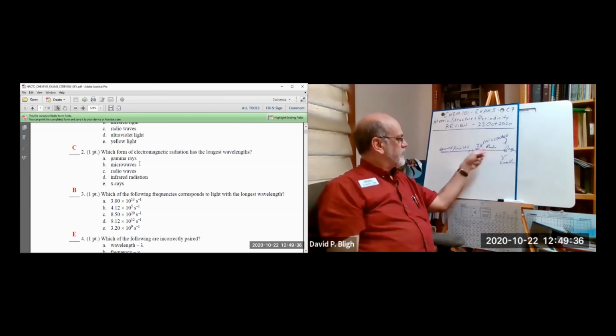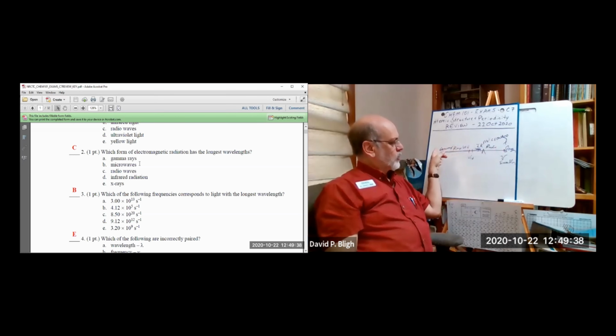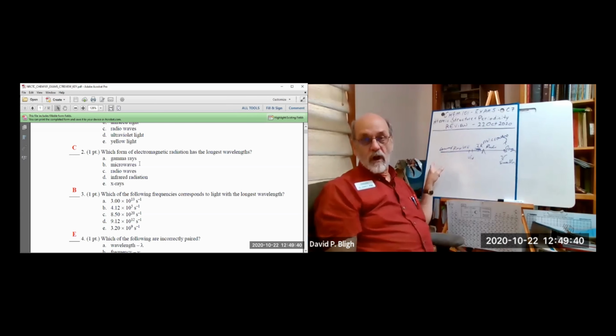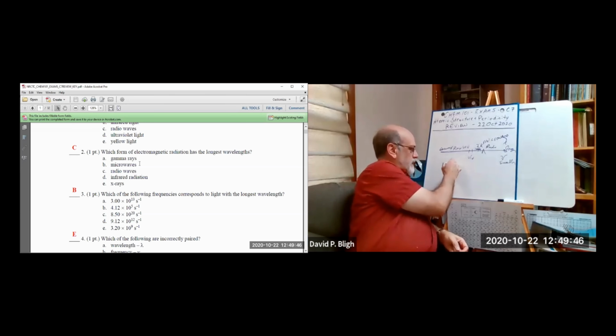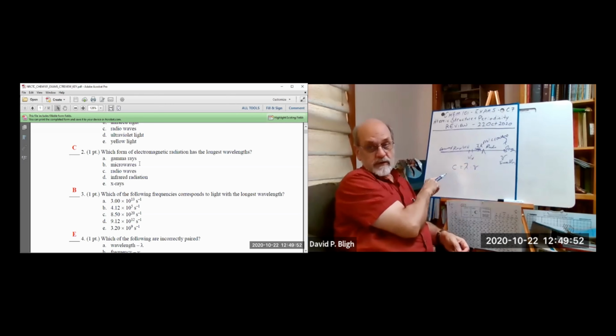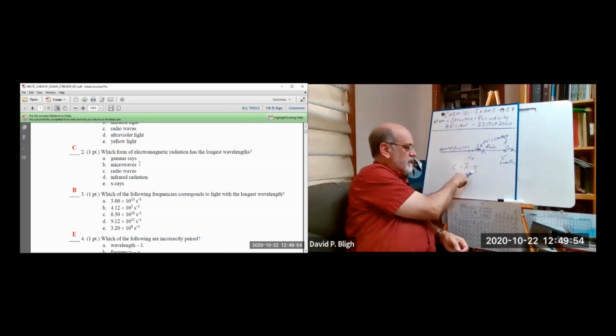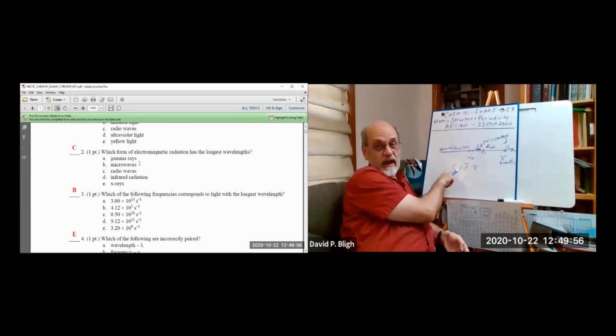And as the wavelength gets shorter, then you're going to have larger frequencies. And that relates to the relationship between wavelength and frequency, their product being equal to the speed of light.